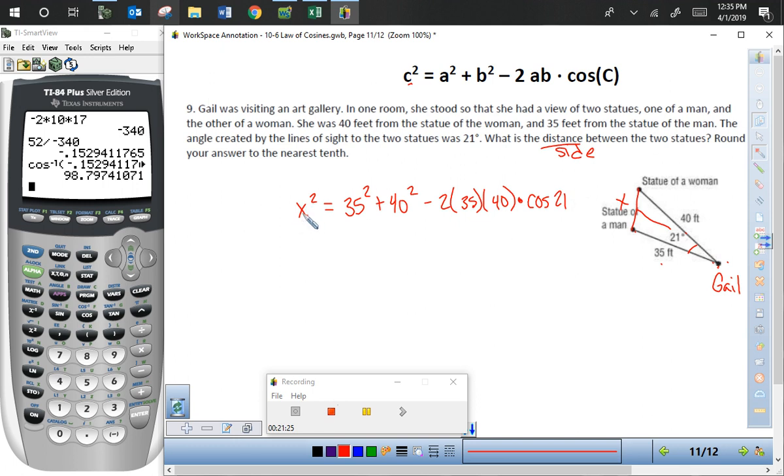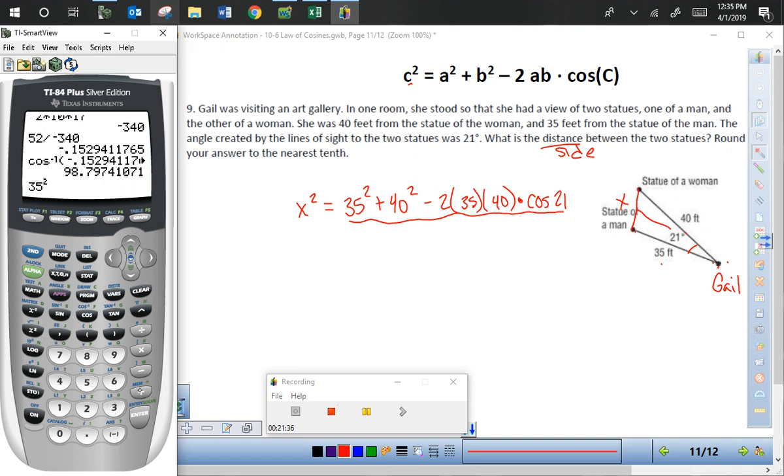Now again, every time look at what we're trying to solve for. In this case it's x, that means we want x by itself. All of this stuff we can just type in our calculator. When you're using the law of cosines to solve for a side, it's not too bad.